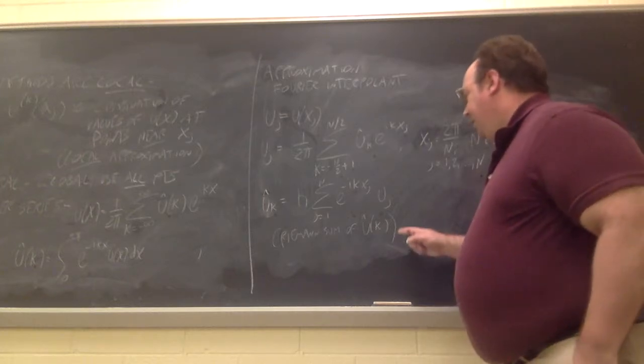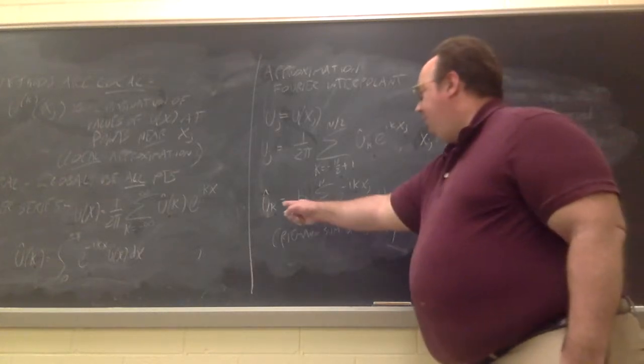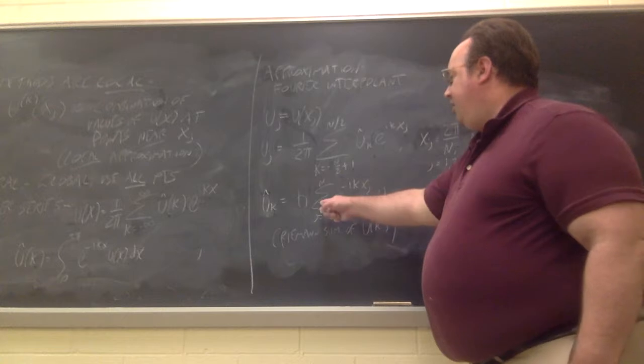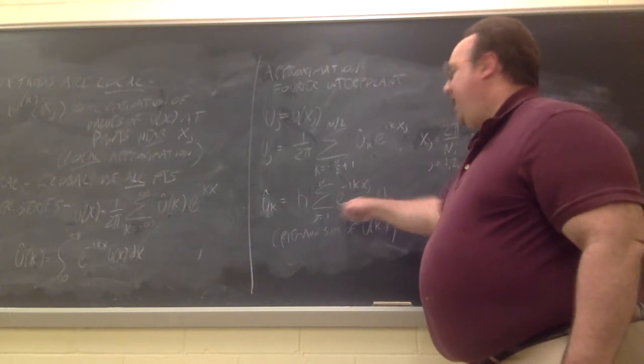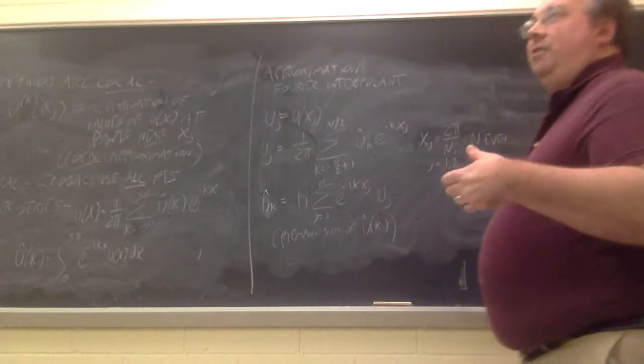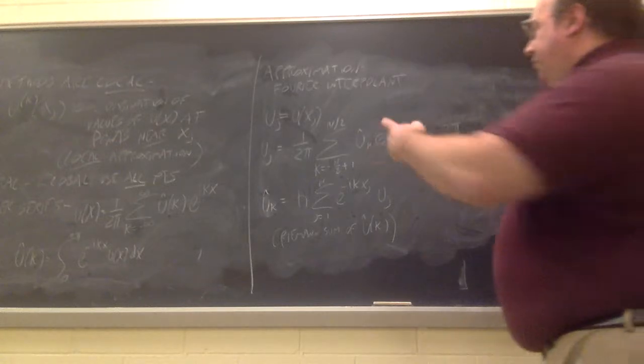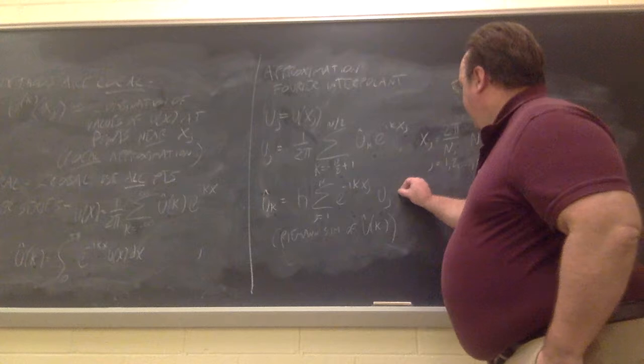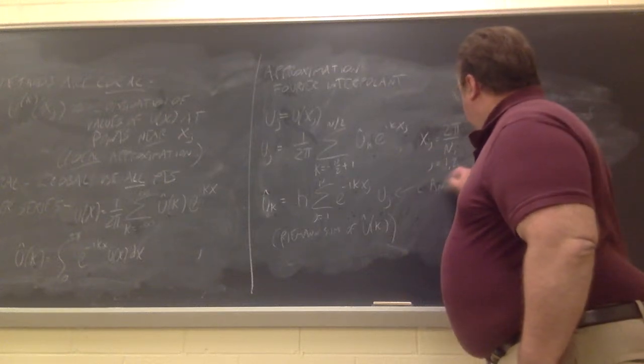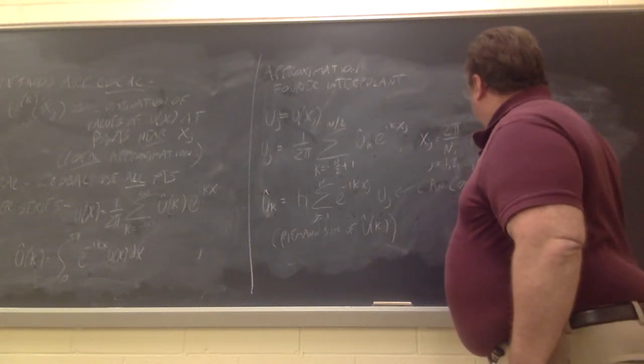Now, here we have n coefficients to compute, and each one requires n terms. So you might think, oh, that's going to take on the order of n squared operations to compute all of these coefficients. But we don't need to do that.